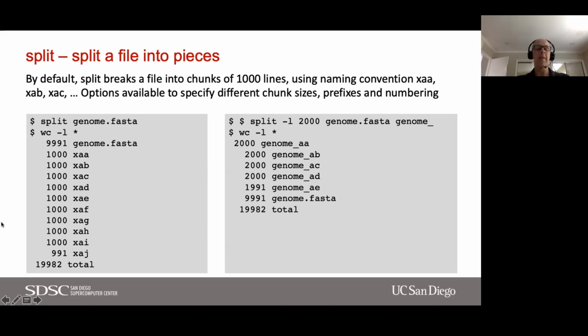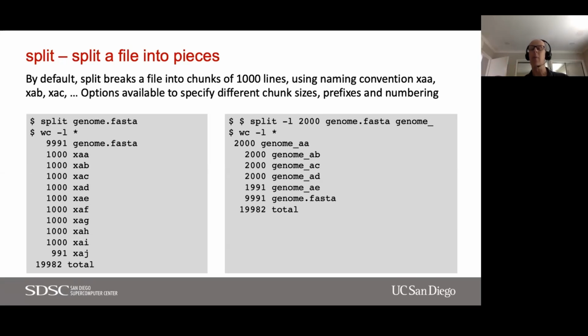So if you go into the split directory, you're going to see a genome.fasta. And if I just do split with no other arguments, I'm going to get a bunch of files, by default chunks of 1,000 lines each. And the naming convention is kind of obtuse. We're going to start with xaa, xab, xac, and so on.